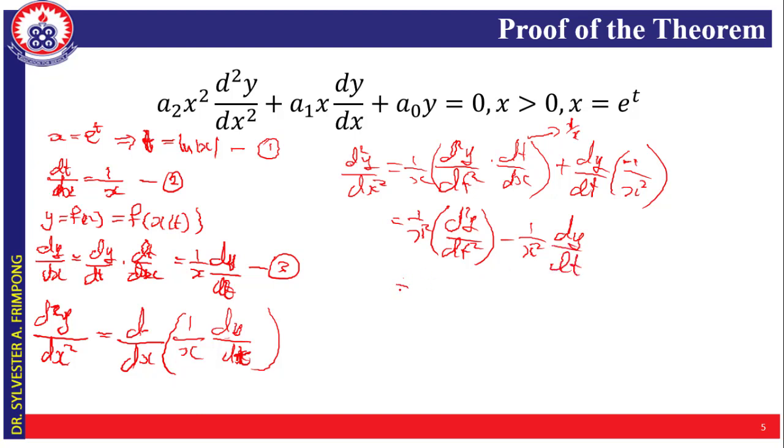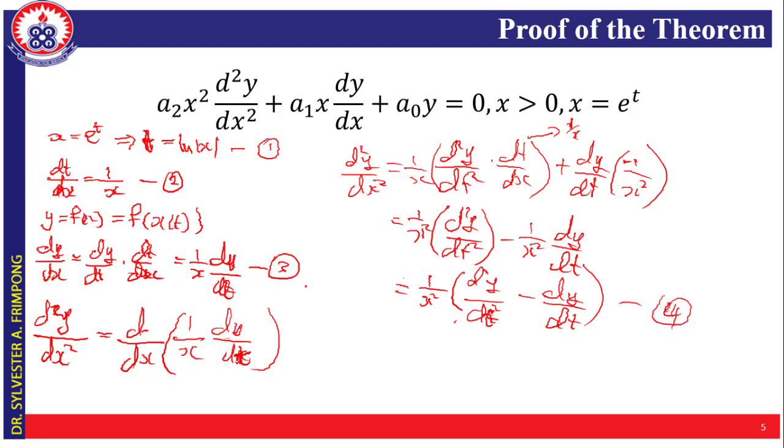So we can put this together and say this is 1 over x squared into d squared y by dt squared minus dy dt. And this gives us the second derivative. So this is equation 4.